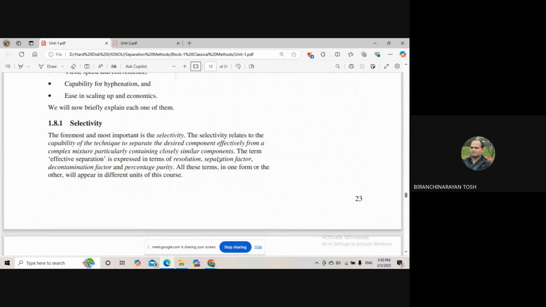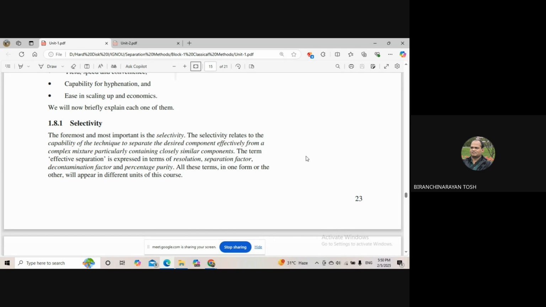The first one is selectivity. The foremost and most important is selectivity. Selectivity relates to the capability of the technique to separate the desired component effectively from a complex mixture, particularly one containing closely similar components. Effective separation is expressed in terms of resolution, separation factor, decontamination factor, and percentage purity.